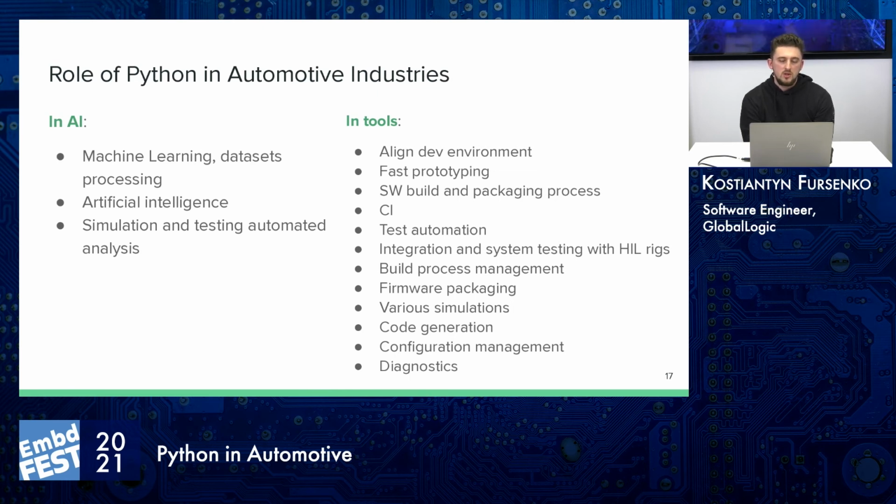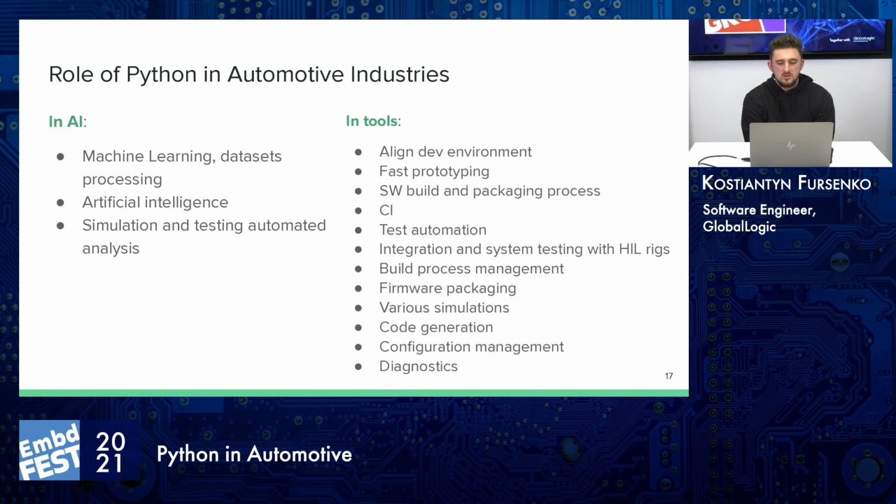In particular, a lot of data receiving is automated, and a lot of data should be processed. So Automotive is such a place where extensive data is generated and should be analyzed. A lot of relevant libraries are available, and a lot of simulation and testing analysis is performed in Automotive with Python.